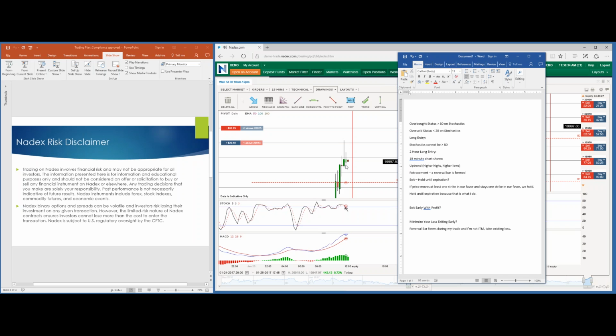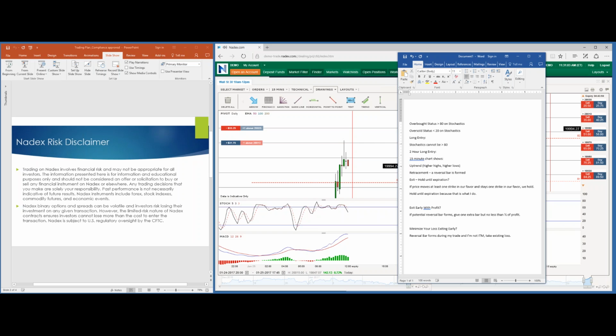So this is a potential reversal bar. It's a doji. Give it one more bar. If a potential reversal bar forms, give one extra bar, but no less than half of profit.